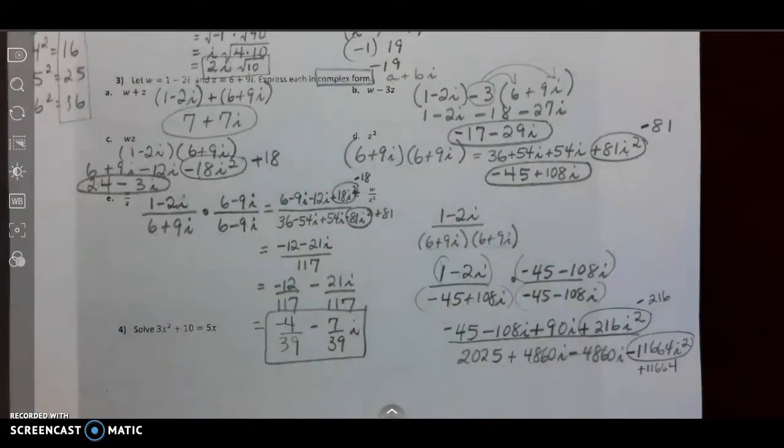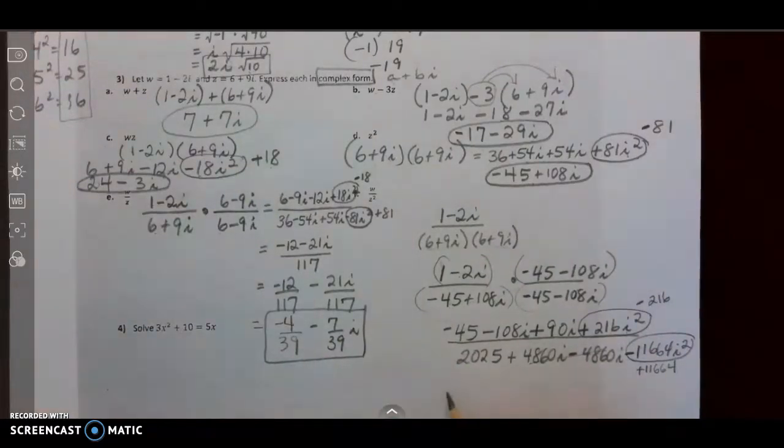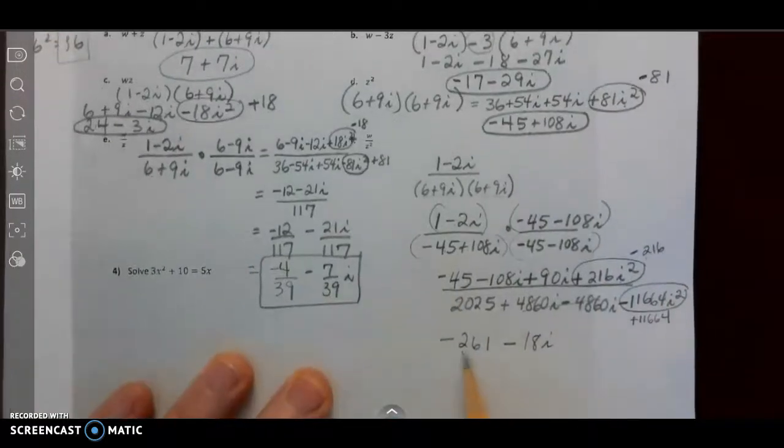I have a negative 45 and I have a negative 216, which gives me a negative 261 minus negative 108 plus 90 is negative 18i. So negative 45 and negative 216 give me the negative 261. Negative 108 and positive 90 give me negative 18i.